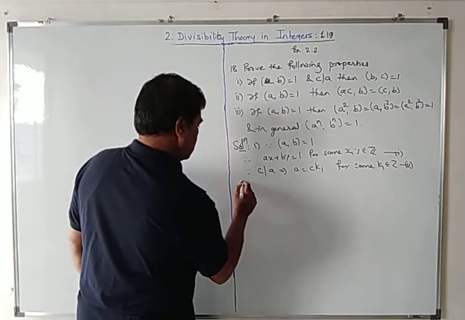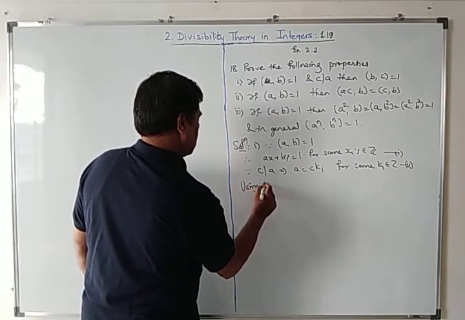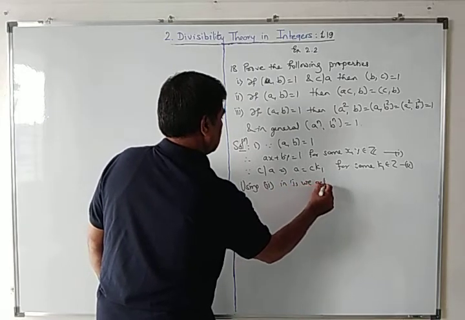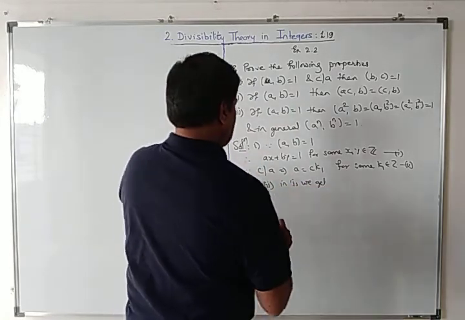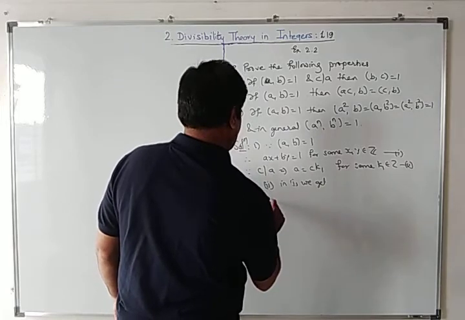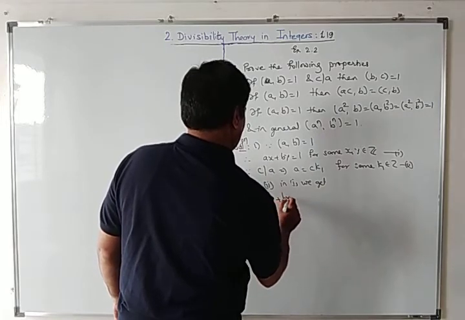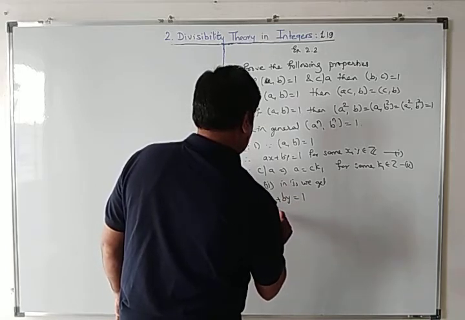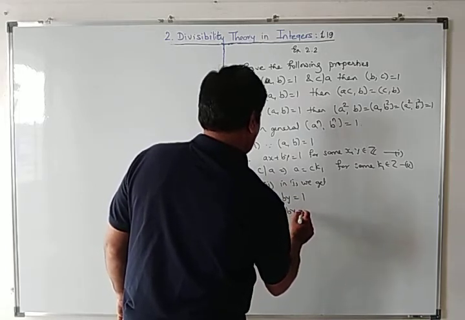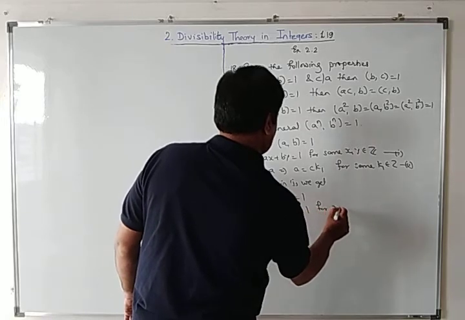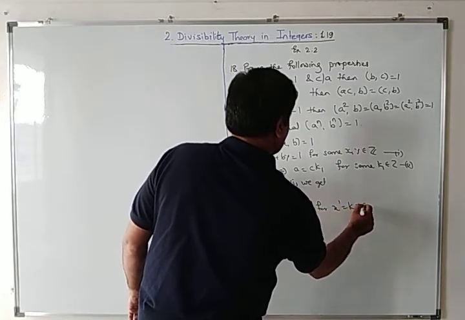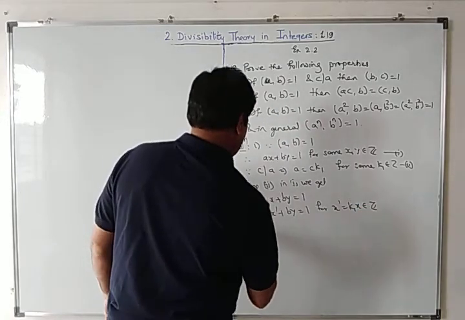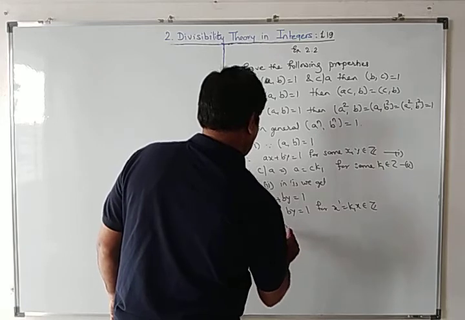Using 2 in 1, we get C K1 x plus By is equal to 1. This is equivalent to Cx dash plus By is equal to 1 for x dash is equal to K1 x belongs to Z. This implies GCD of C, B must be 1.